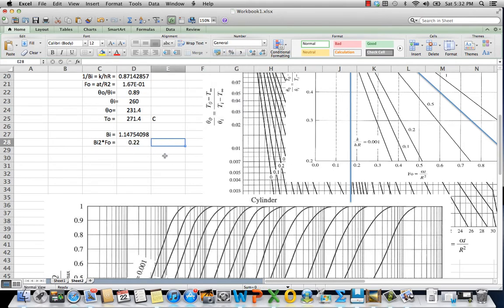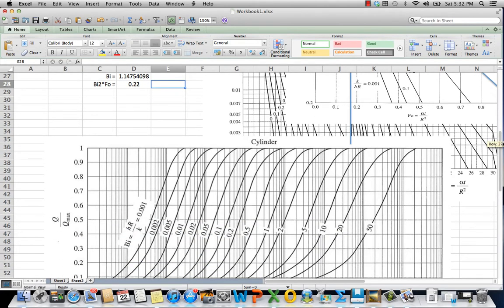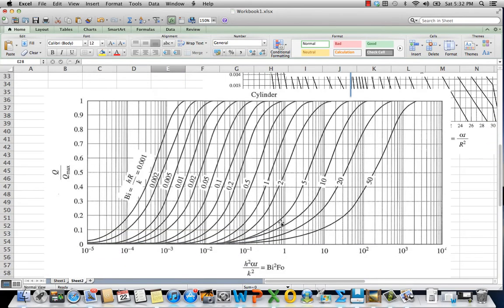Okay, so 0.22 and 1.15. So I'm going to come find those on this curve. So 1.15 is going to be right in here. Okay, 0.22. Okay, so this is 0.1, 0.2, 0.4. So 0.22 is right in here.